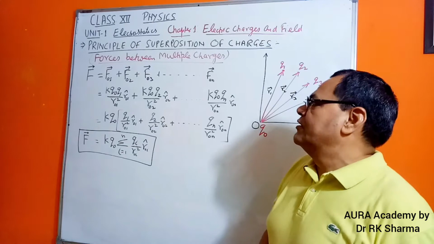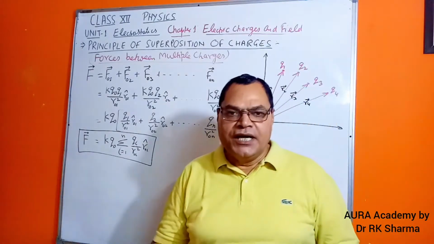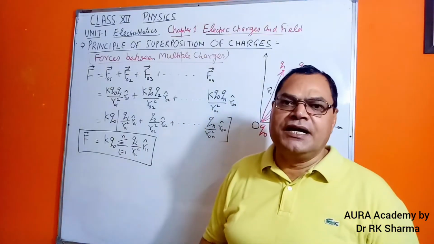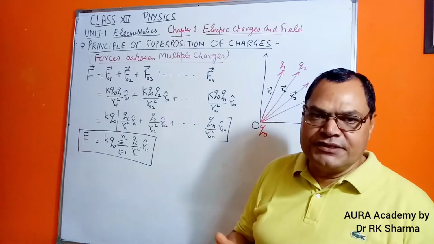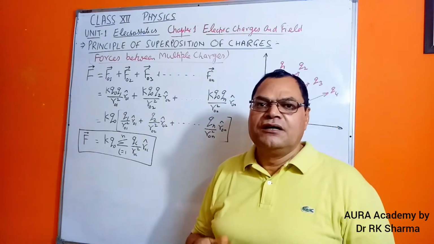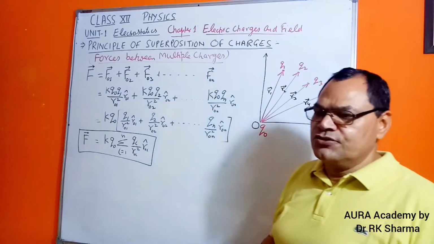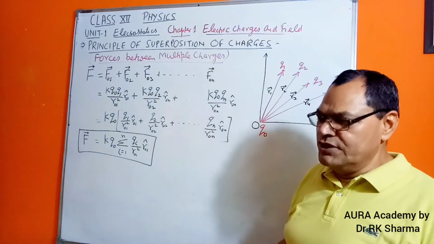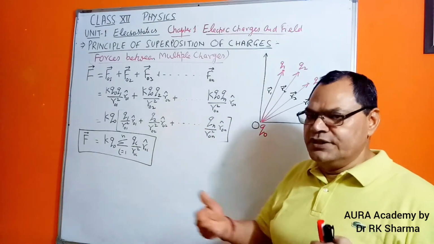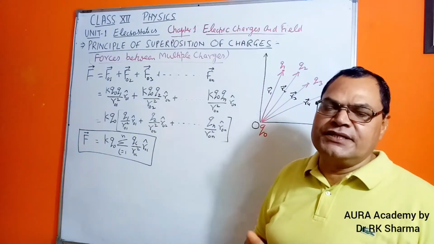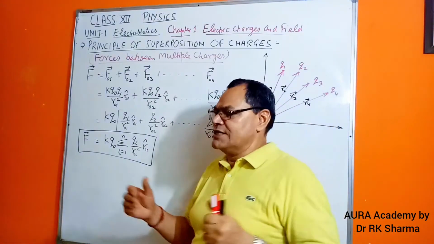Alright, so in continuation of the previous lectures, we were dealing with some numericals based on Coulomb's law. As I was sharing, after Coulomb's law, we have to deal with numericals based on a number of charged particles.